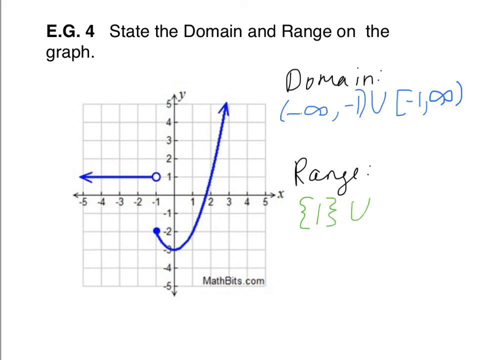It's just one number, the number 1 for the y value. Then you union that with the other piece of the graph here. The lowest y value here is at -3 with the bracket, and it goes up to the highest y value here, which is never ending, so infinity. Open always for infinity.